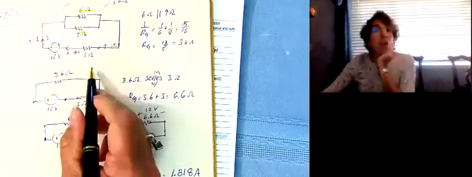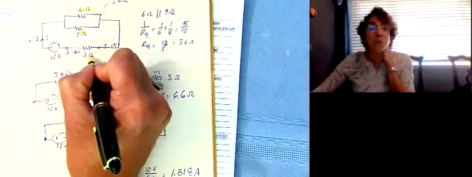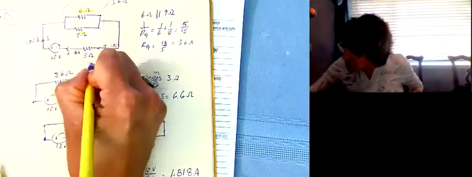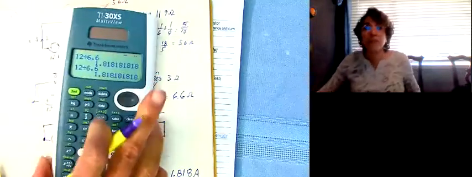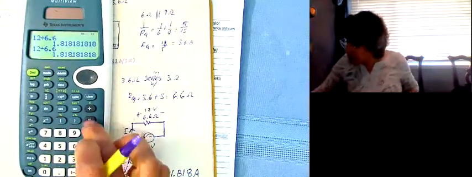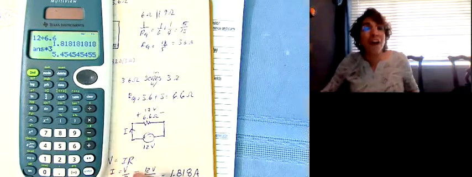So if I know that the resistor here is 3 ohms, how am I going to write this? On this side right here, V equals IR. The question is, how much voltage drops as the current goes through the 3 ohm resistor? I'll call it R3, this one here. The current is 1.82 times the 3 ohms. There we go, 5.45.